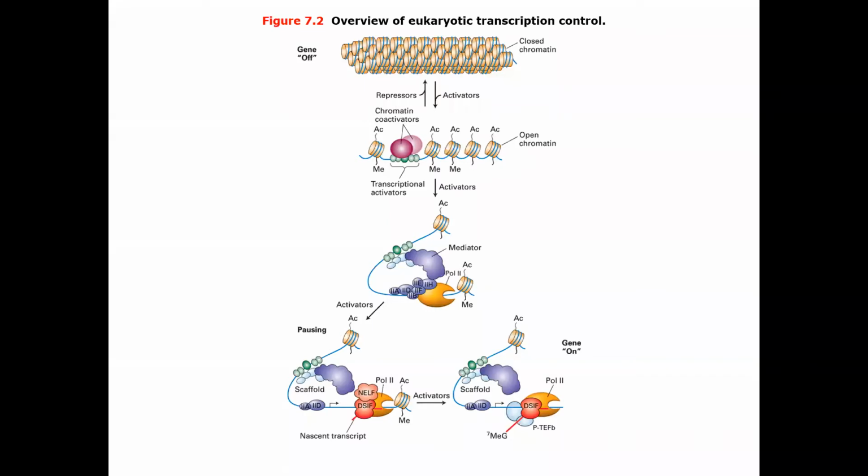Acetylation opens it up, methylation closes it down, makes it more condensed, and so on. Then there are proteins that are recruited to the chromatin specifically because of these chemical modifications, acetylation, methylation. But also the basic mechanism is a whole lot more complex.